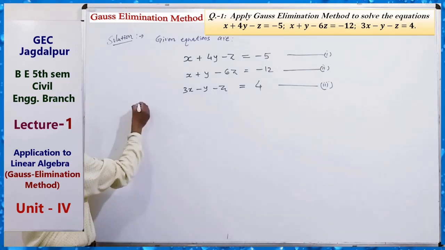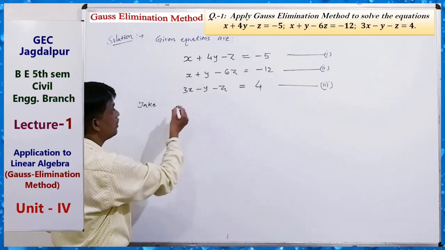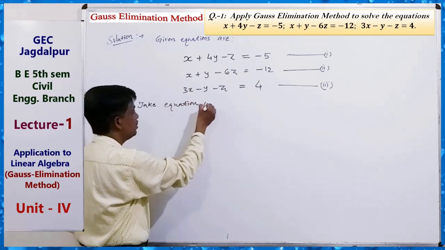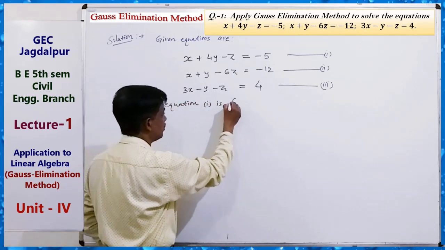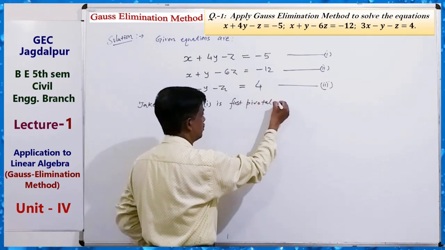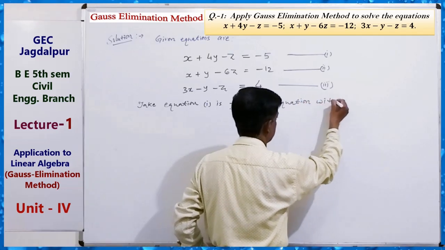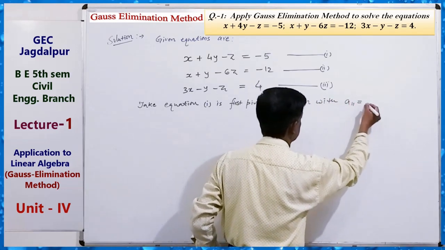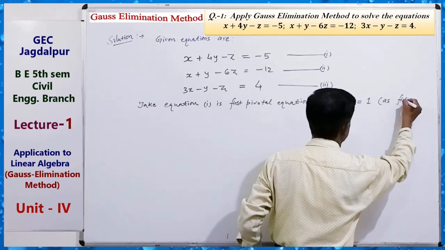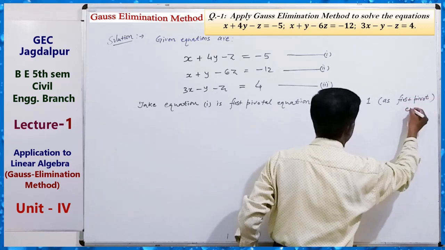So take equation 1 as the first pivotal equation with a11 equals 1 as the first pivot element.